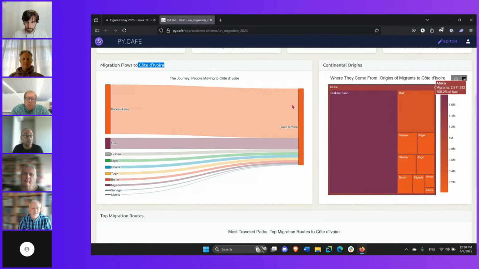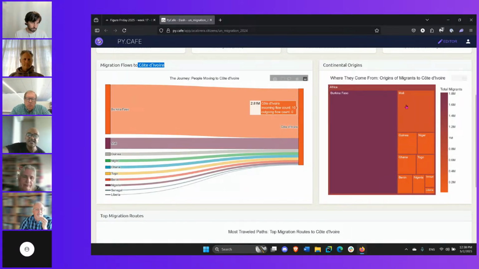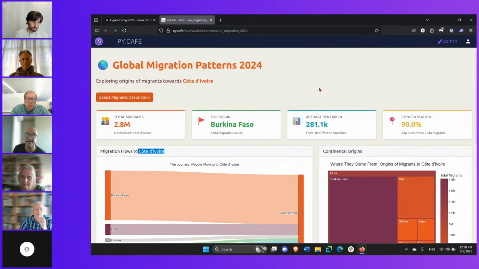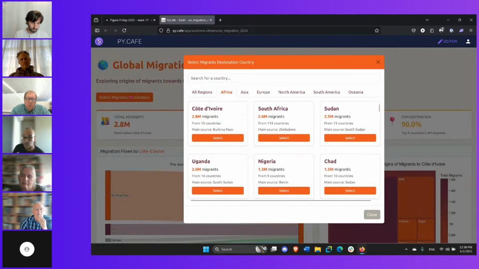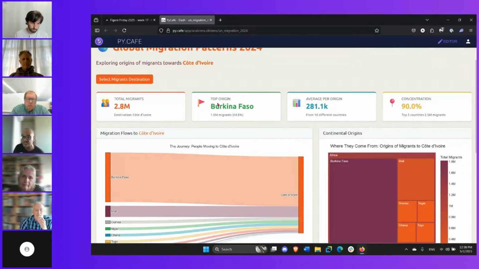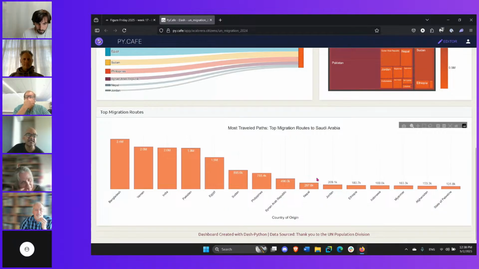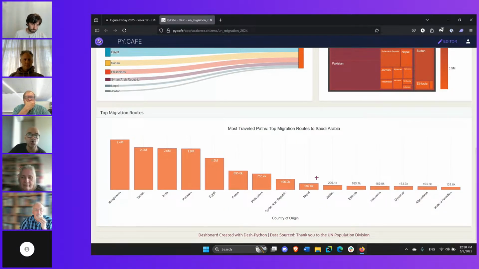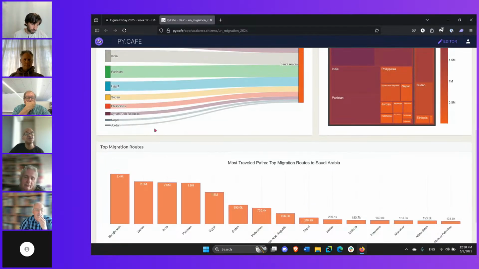In this case, if you select another country, for the other chart, show the bar chart, Adam, please. The bar chart is to complement the tree map because it's quantitative. Here it is easier to see. Okay, you select another one, Saudi Arabia.